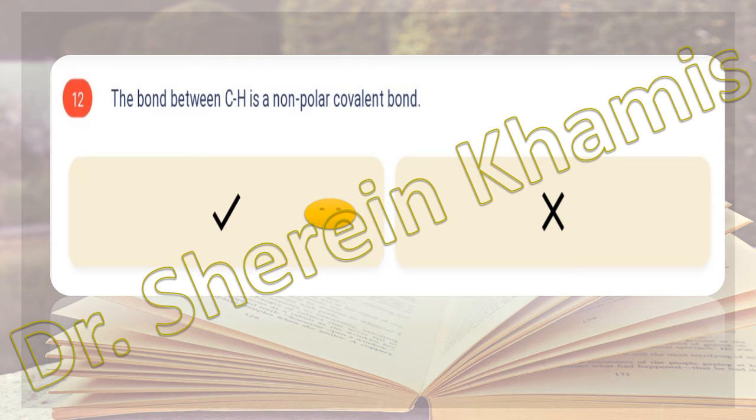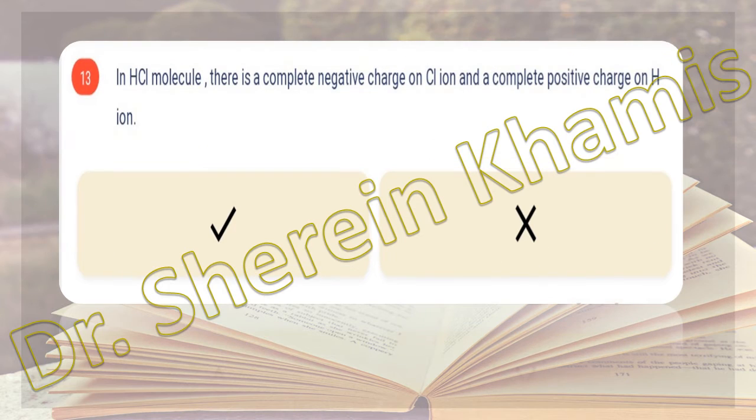Okay, let's go to question 13. Question 13 says that in the hydrochloric molecule, or hydrogen chloride molecule, there is a complete negative charge on the chlorine ion and a complete positive charge on the hydrogen ion. Okay, we said we have a covalent bond here, a polar covalent compound, so it doesn't have the property of ionic.